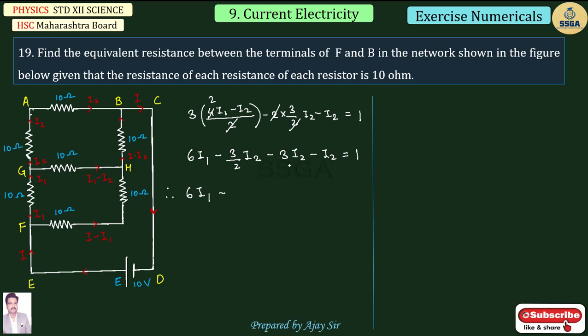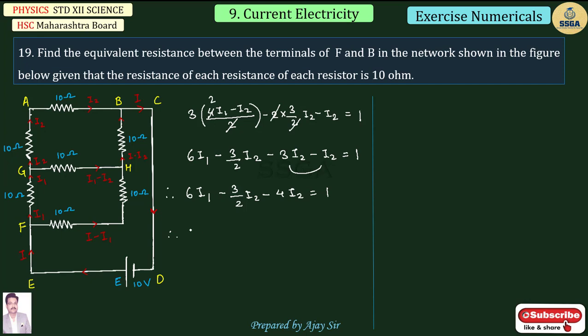Or we can add the first two terms and then add those with the third one. So this term we write as it is, 3 by 2 I2, minus plus, that is minus 4 I2, which is equal to 1.